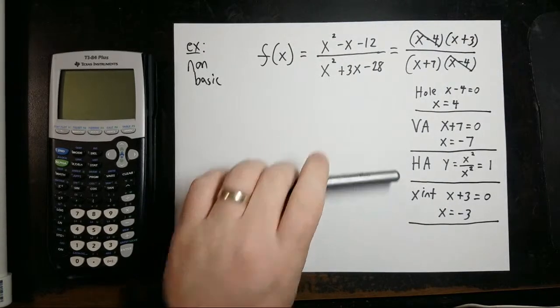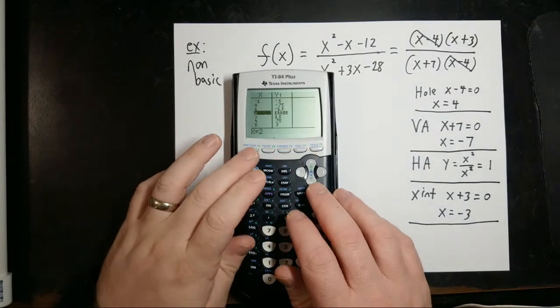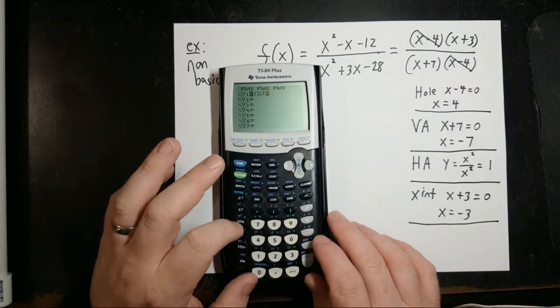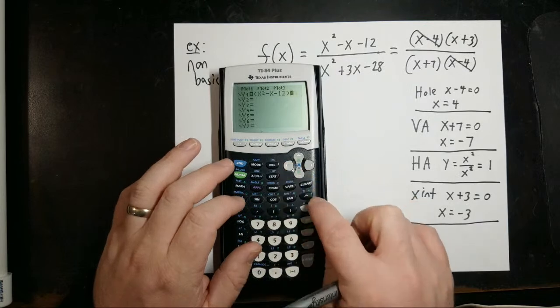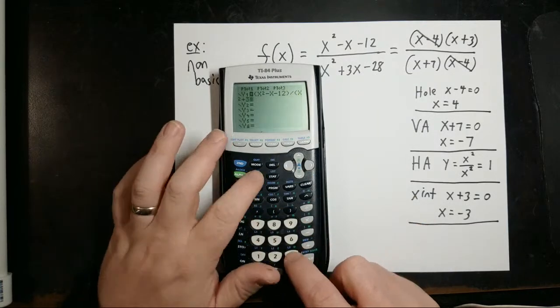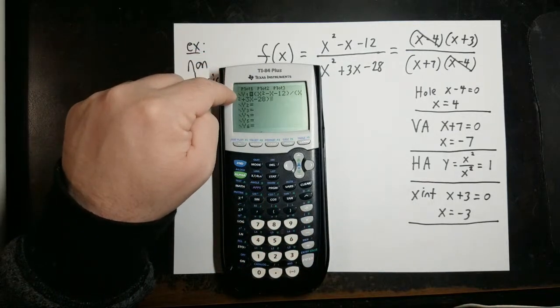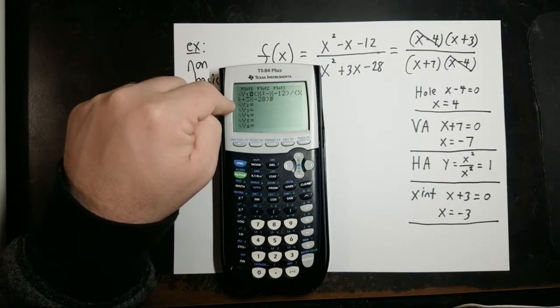Now we can get a table of values. When you create this table of values, you're going to want some numbers to the left and to the right of your vertical asymptote. Now we do have a hole in here as well, and we'll deal with that hole in a little bit. Let me just double check, make sure I typed this in correctly. Parentheses around the top and the bottom. Good.